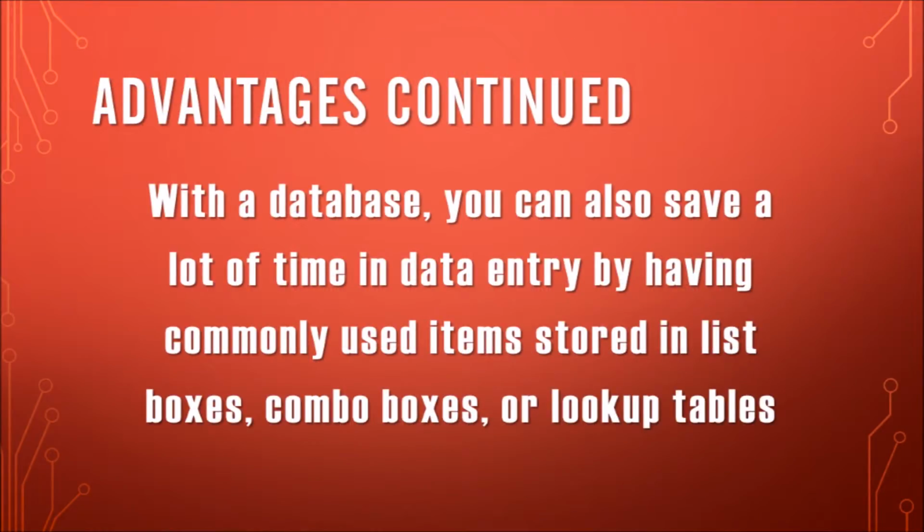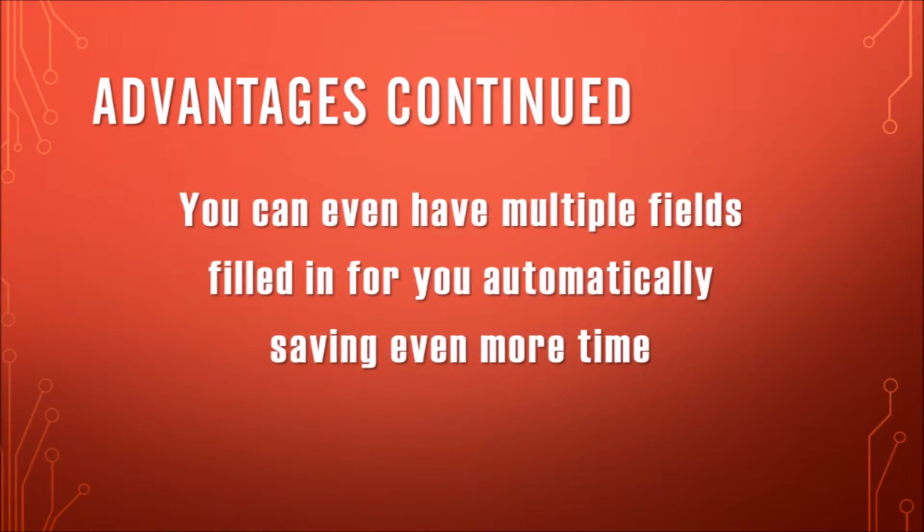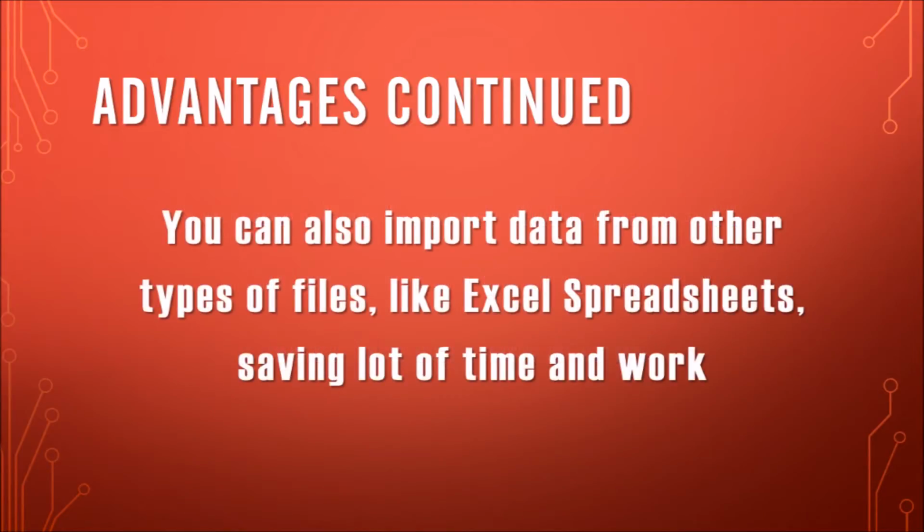You can also save a lot of time in your data entry by having commonly used items stored in a list box, combo box, or lookup table. You can even have the database fill in fields for you automatically, which saves more time. And you can import data from other types of files like Excel spreadsheets or comma-separated value files, which can save you a lot of time and work.